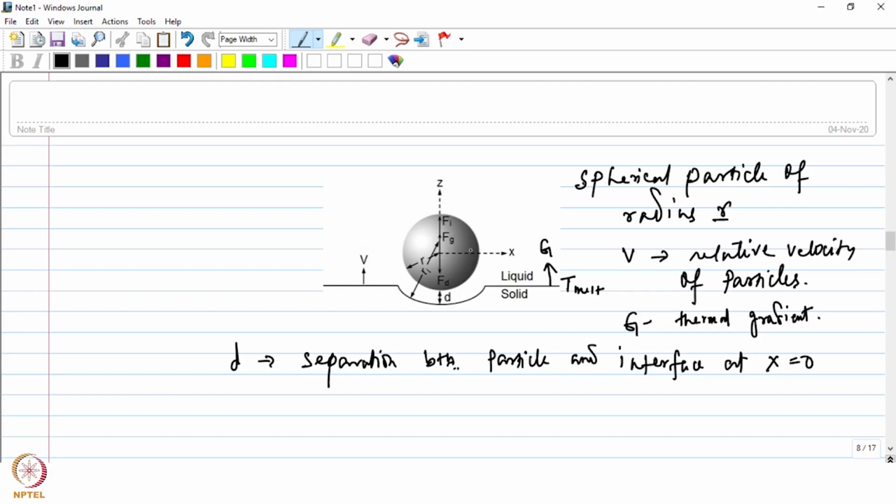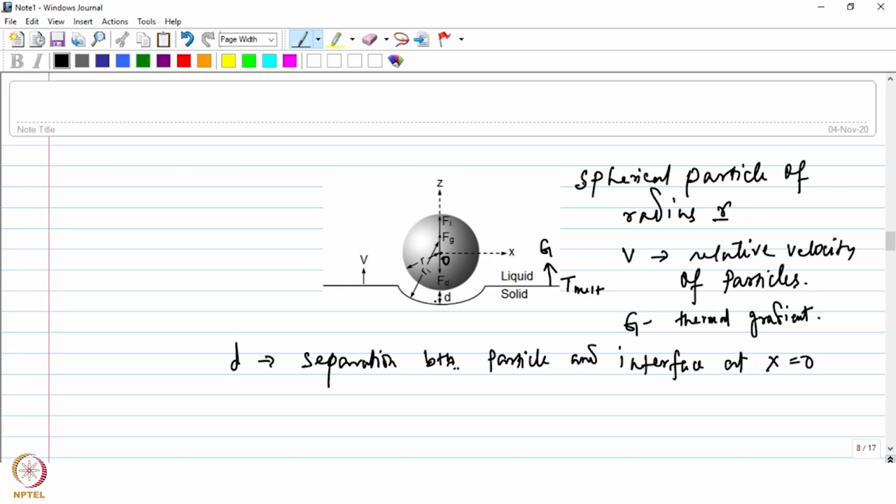So here is the x direction. So this point is x equal to 0. So d is the separation between the interface and the particle at x equal to 0. That's what you see in this diagram also.